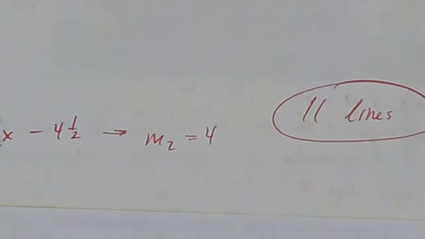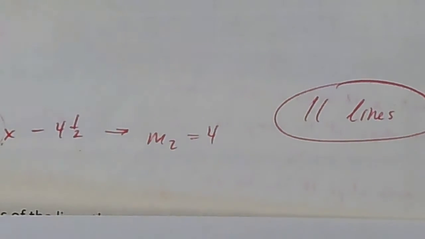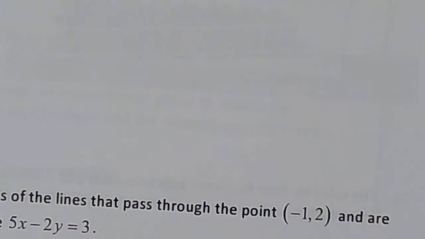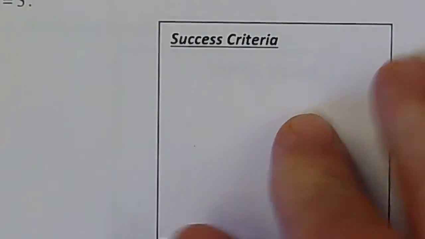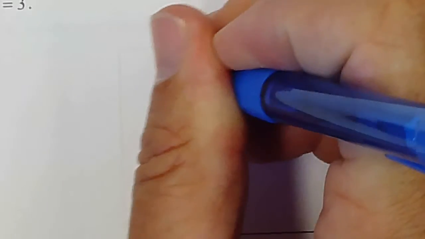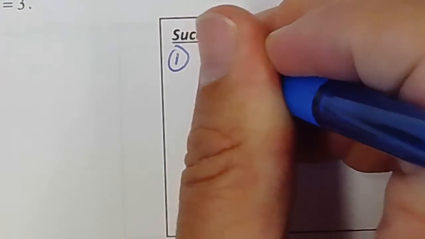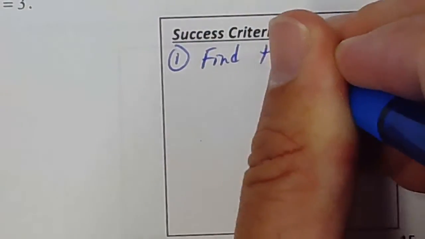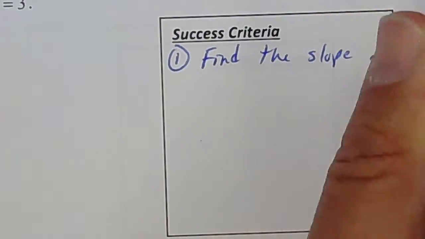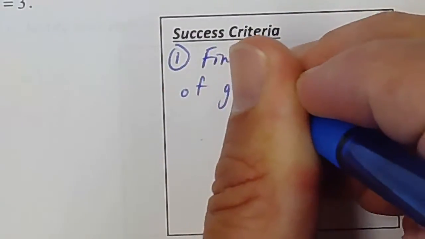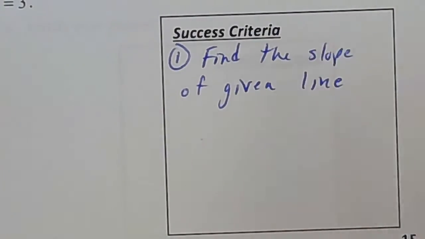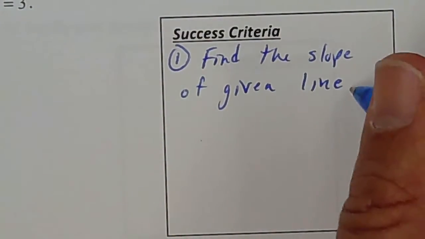Okay, moving on to example 14. I'll give you some steps to fill in here for the success criteria on this type of problem. First step, what I want you to do is find the slope of the given line.